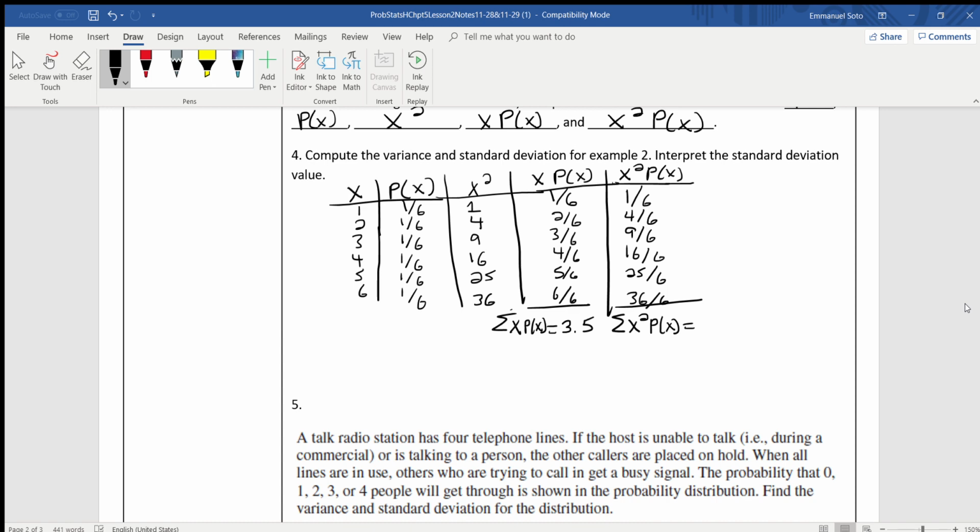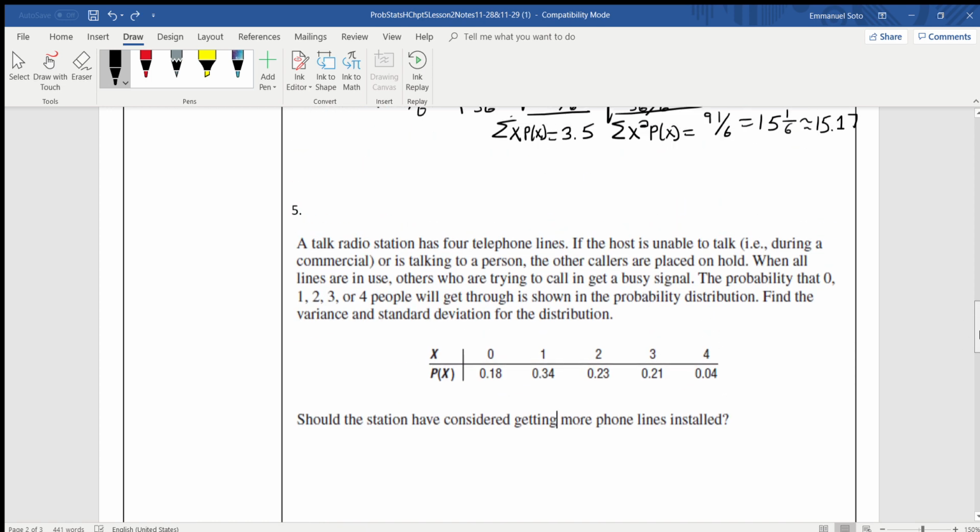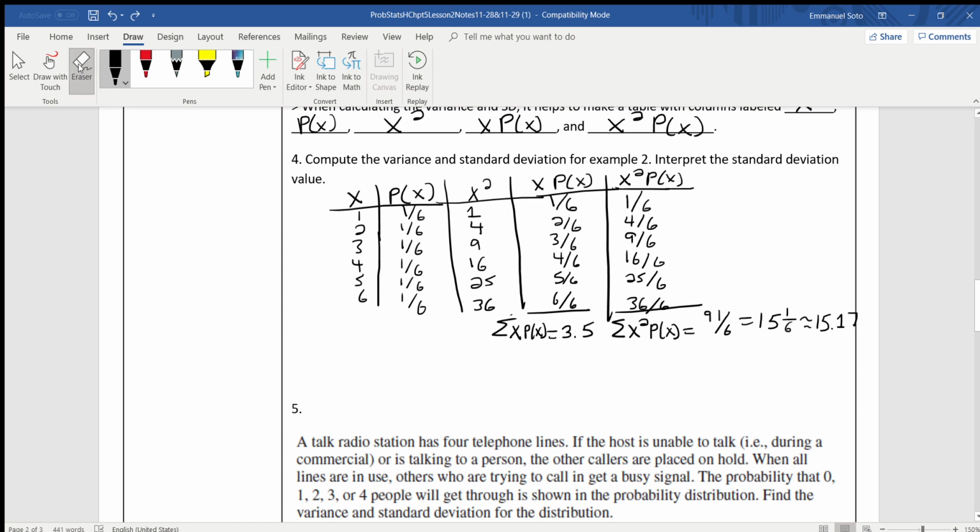That gives me 91 out of 6, which is 6 goes into 91 15 times with a remainder of 1. So this is about 15.17. We'll round it to 15.2 just to make it a little easier.